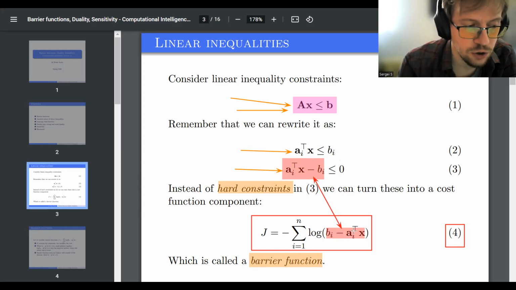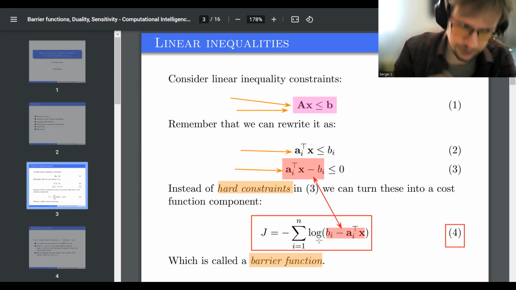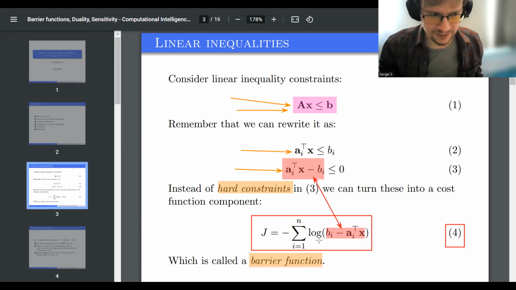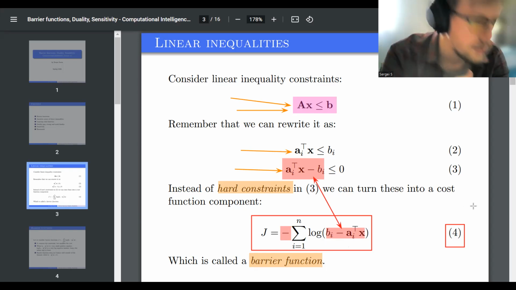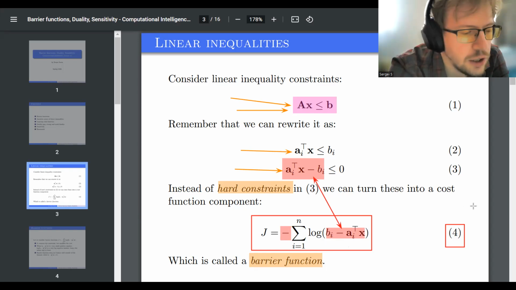So as it becomes closer, this whole thing becomes bigger. It goes towards minus infinity, but we have this minus sign here. This minus sign makes it from minus infinity to plus infinity. So the whole expression goes towards infinity.